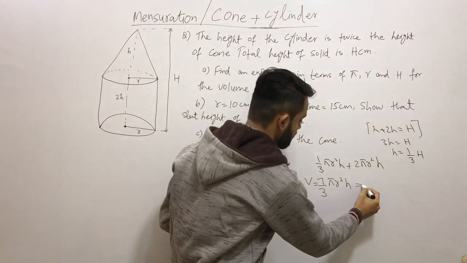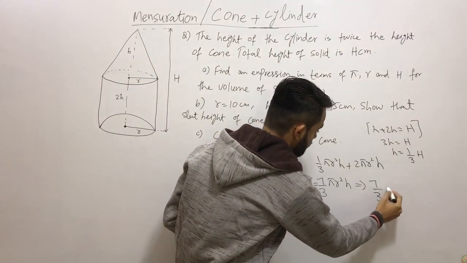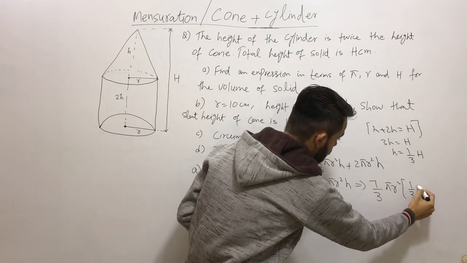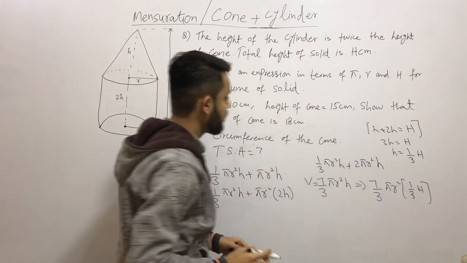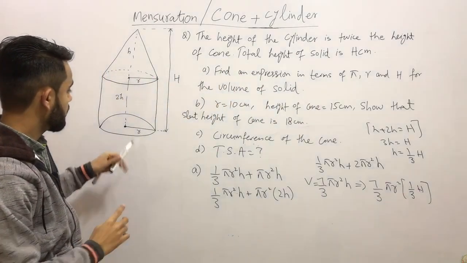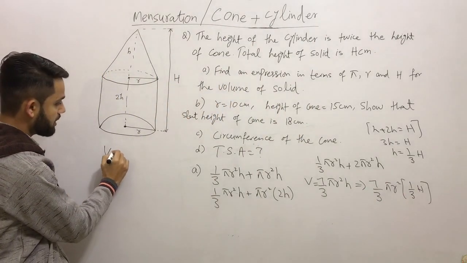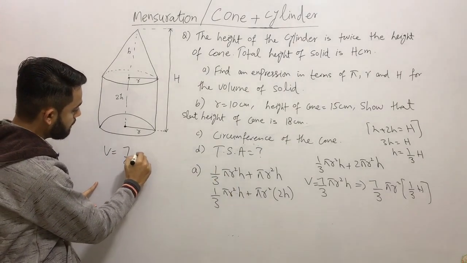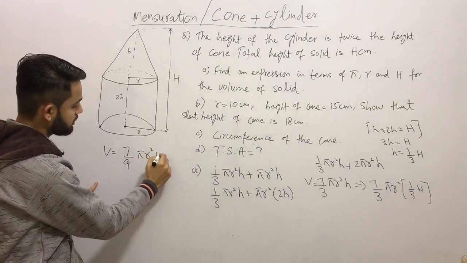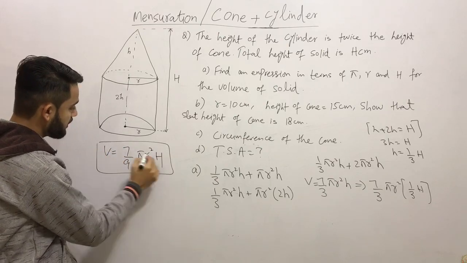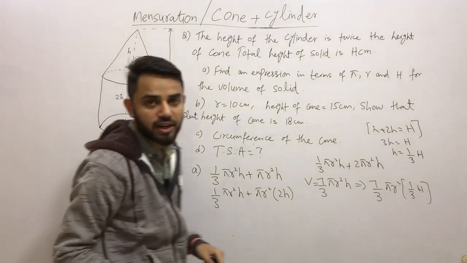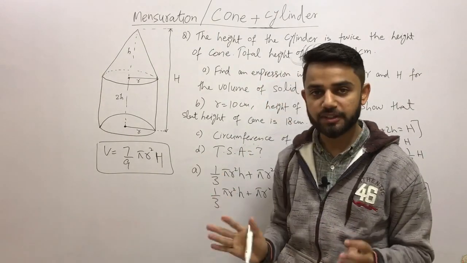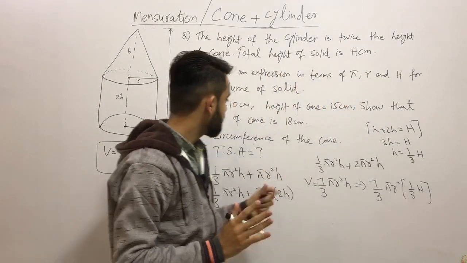Plug it into the expression: 7 over 3 pi r square, and h is 1 over 3 H. So the volume we have got is 7 over 9 pi r square H. That is the answer for the first part. Since the first part is very clear, we can move to the B part.